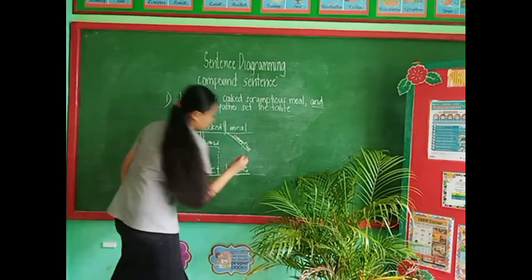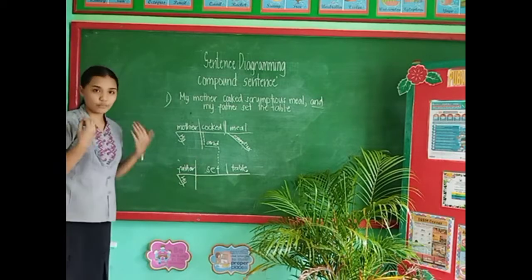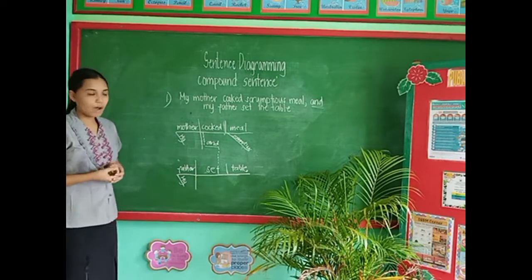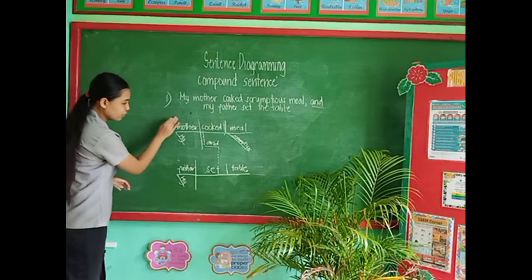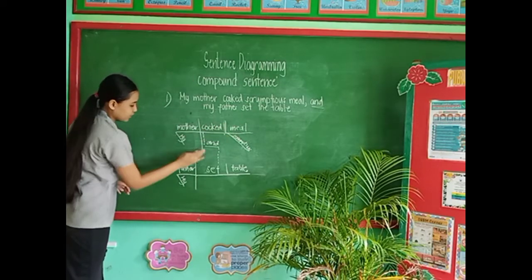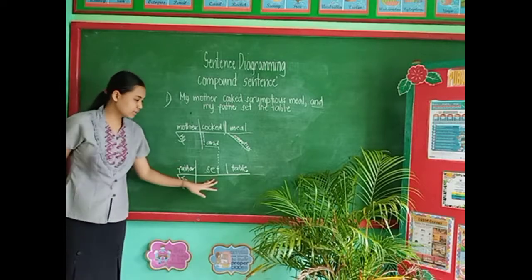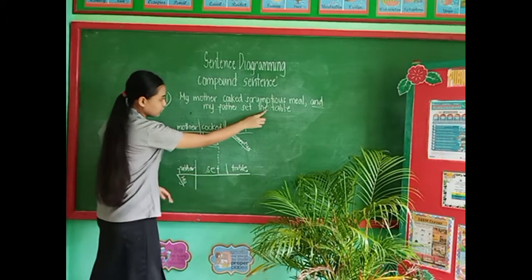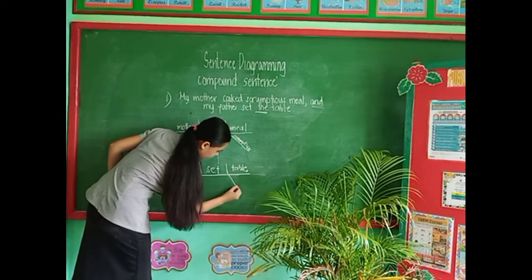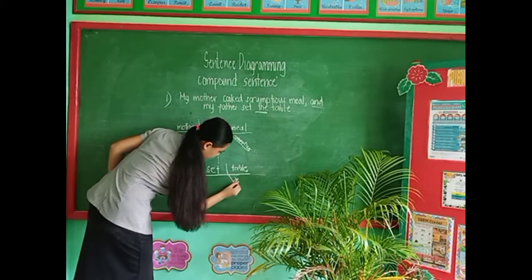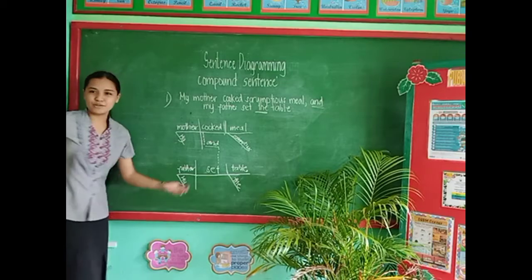So, this is how we are going to diagram a compound sentence. My mother cooks scrumptious meal and my father set the table. There's the article the here. The table. So that's all.